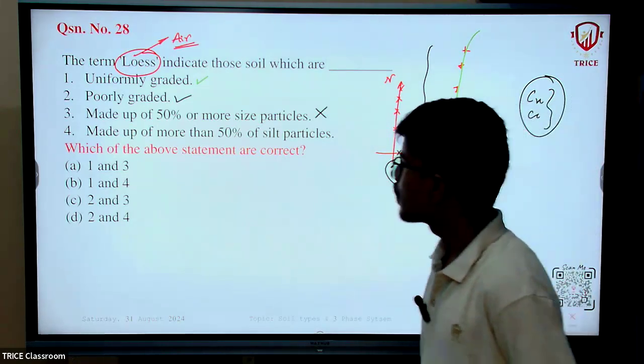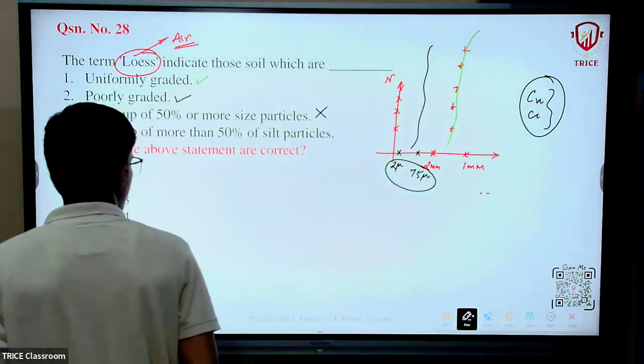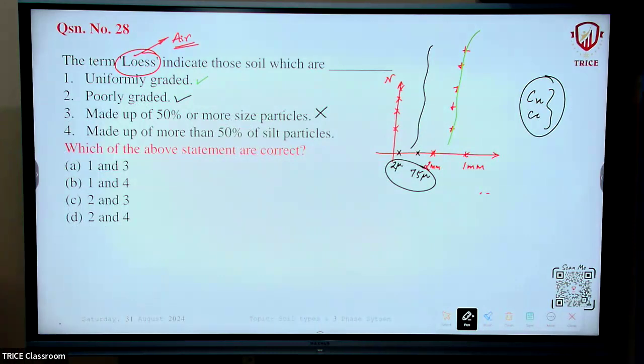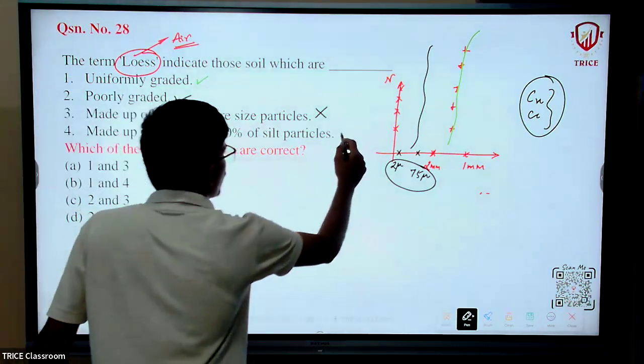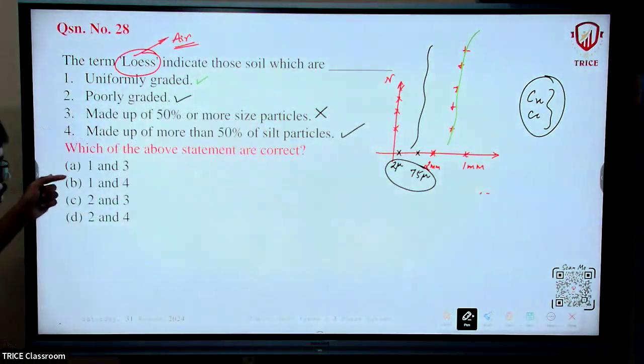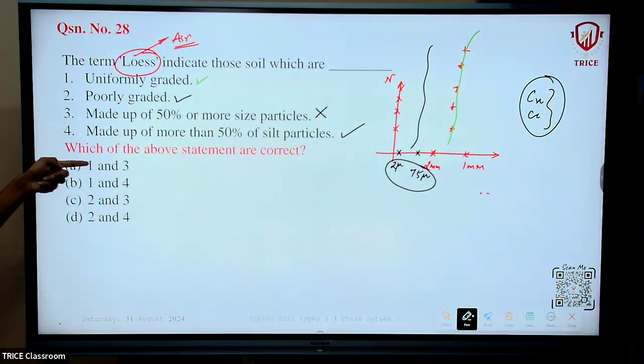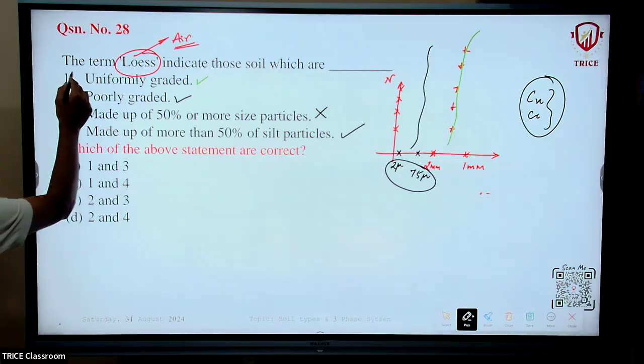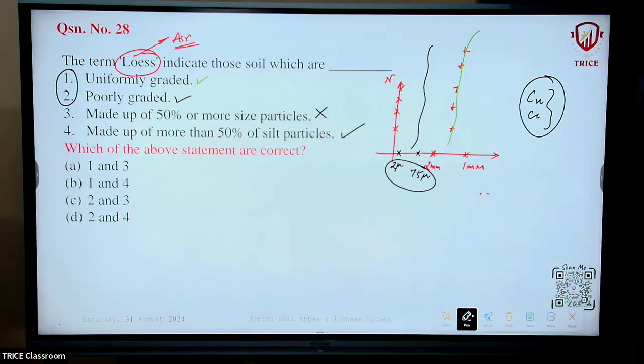So can you observe here. Based on this condition, which of the statements are correct? We can observe which match with respect to the first, second, and the fourth one. However, the options are 1 and 3, 1 and 4, 2 and 3, and 2 and 4. Now we can judge these two factors, right?